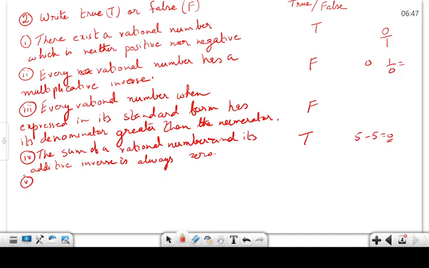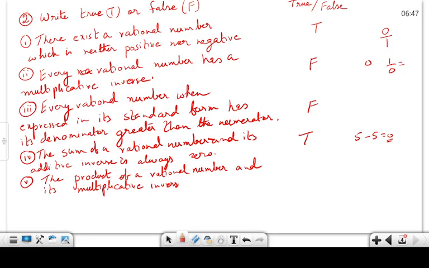This is true. Number 5: the product of a rational number and its multiplicative inverse is always 1.